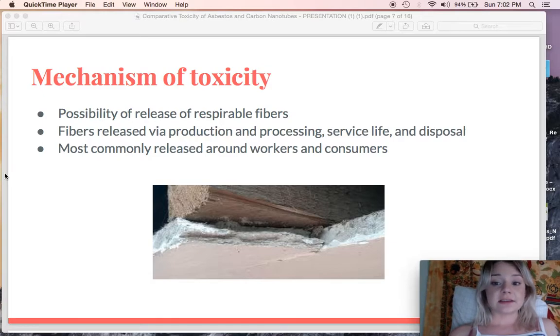And then lastly, it could also be released if that insulation were to be removed or the home is torn down. It's likely to be released during that time as well. Because of that, asbestos and CNTs are most commonly released around workers that are installing or building these materials, and then the consumers that are using them themselves.